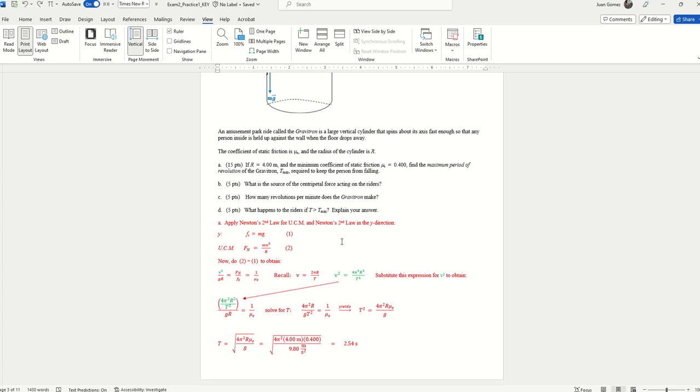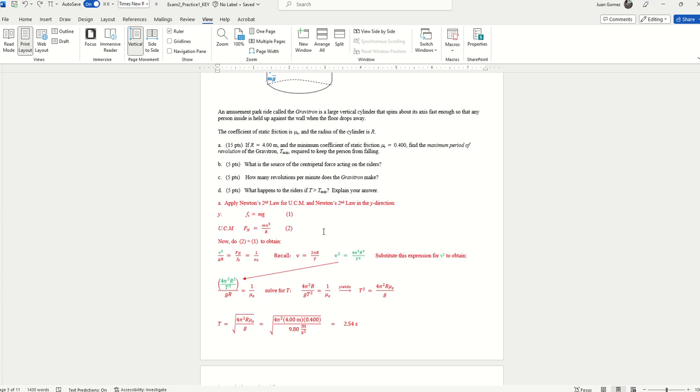So I have equations 1 and 2. Fs is equal to mg, and Fn is equal to mv squared over r. Now I need to somehow get the period out of these two equations. So we have to do a little bit more algebra.